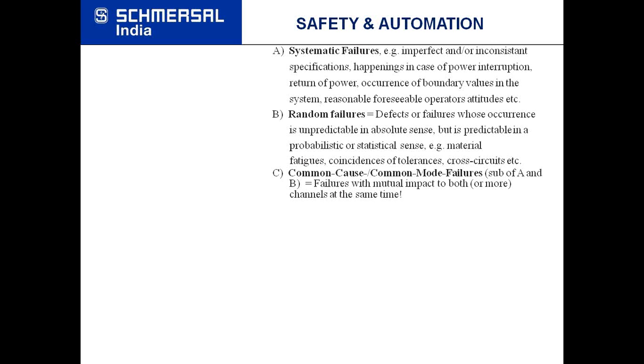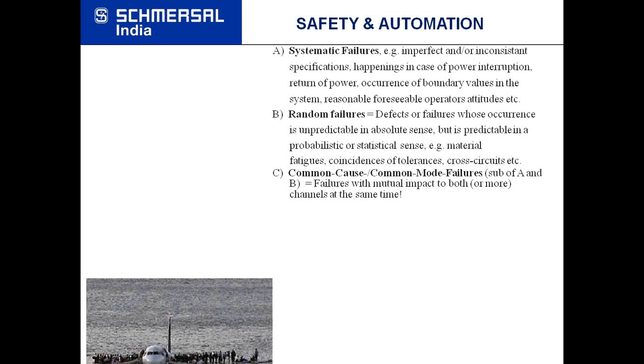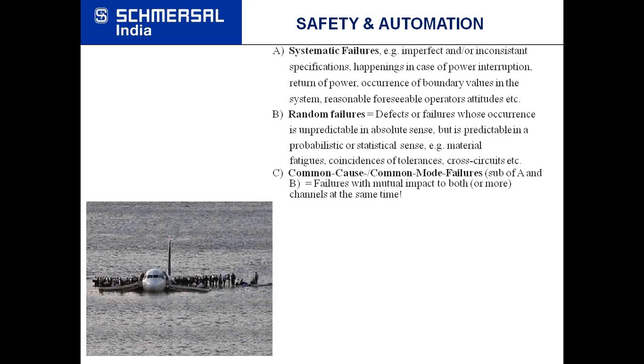Then we can have random failures, which are defects or failures whose occurrence is unpredictable in an absolute sense, but is predictable in a probabilistic or statistical sense. For example, material fatigue, coincidences of tolerances, or cross circuits. And then we can also have common cause failures, which are a subset of both systematic as well as random failures.